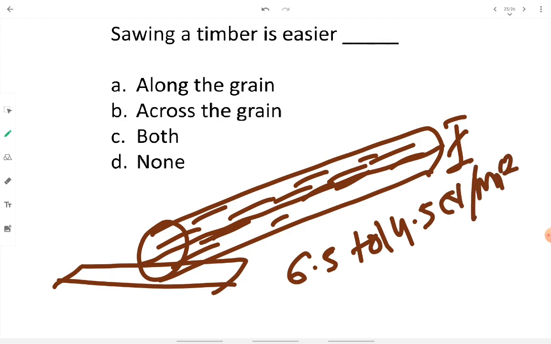When you cut the timber across the grain, its shearing resistance is about 3 to 4 times that.